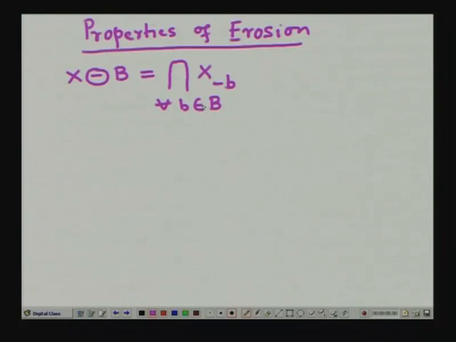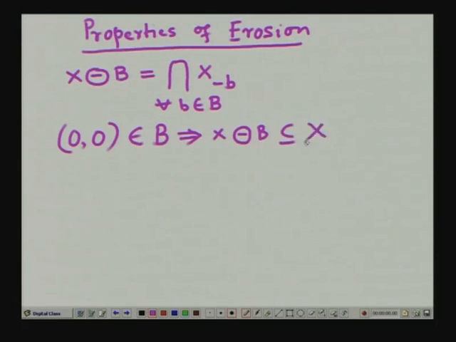Now, following this interpretation, you find that if the origin, that is (0, 0), is a member of the structuring element B, then it is always true that X eroded by B will always be a subset of X. Here again the proof of this is very trivial.